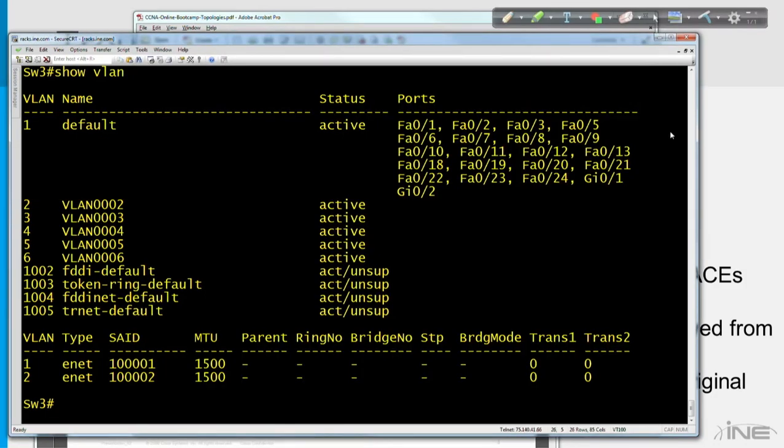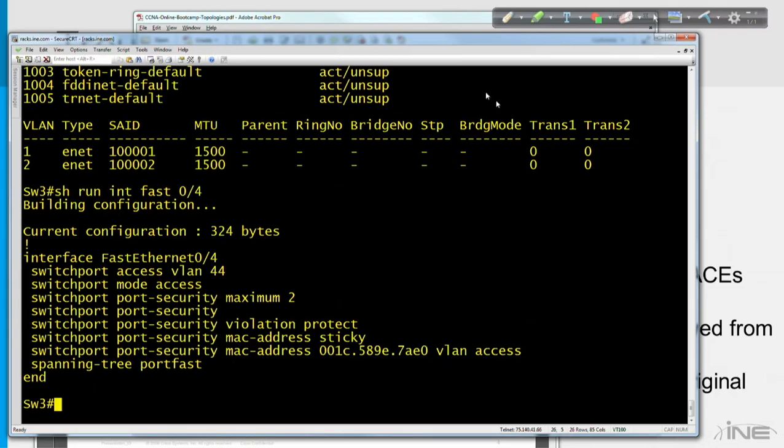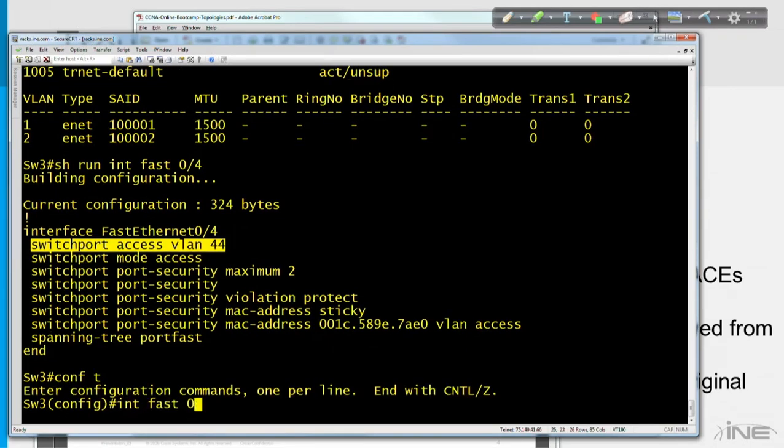So let's go ahead and take a look at the configuration of that port. Show run interface fast Ethernet 0/4. Aha! Same problem, but in reverse. This time the correct VLAN existed, but the port is in the wrong VLAN. Interface fast Ethernet 0/4.